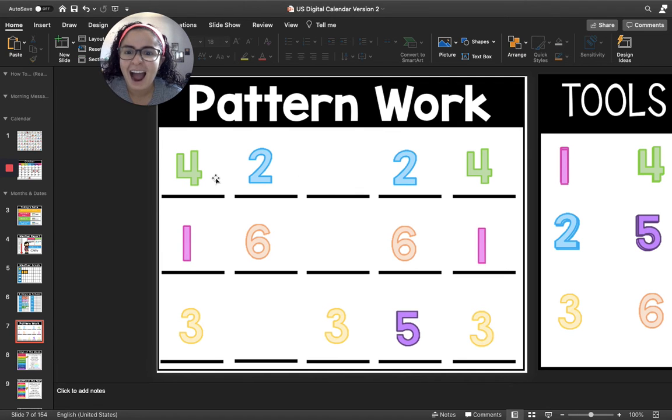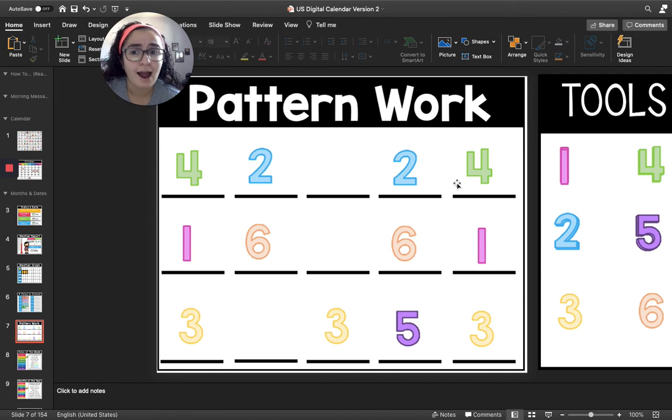Oh, I see a number 4 before a number 2. So I think a 4 may work, but now I want to see which number comes after a number 2 in the pattern, because this number also has to come after number 2. So let's take a look.